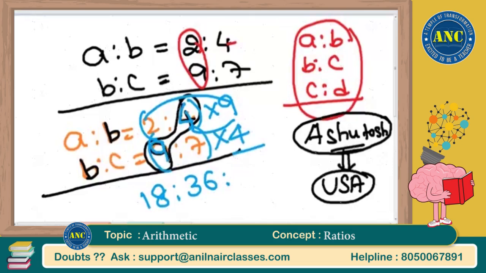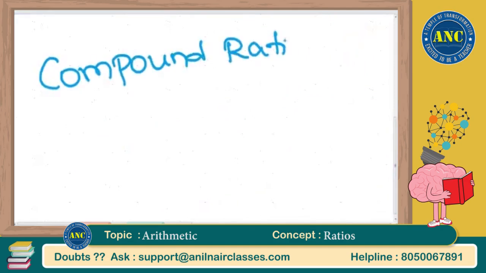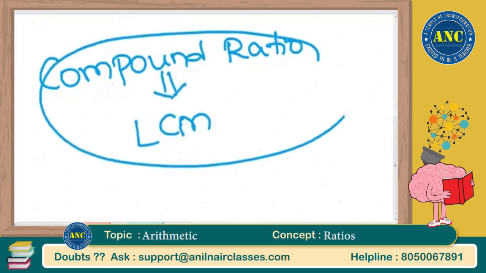Multiply by 4. 9 into 4 is 36. 7 into 4 is 28. That means, for all the viewers who are watching this video, compound ratio application is nothing but LCM application. I hope the idea is very clear.